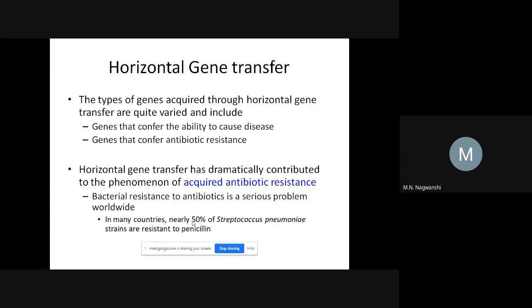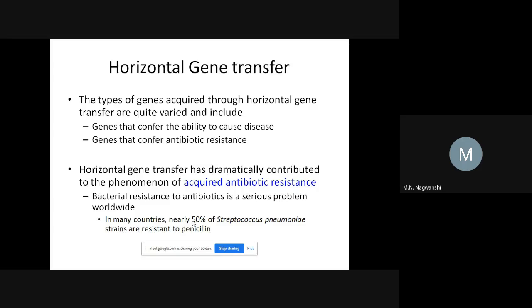So to avoid this, the bacterial gene should have some antibiotic resistance. So the horizontal transfer has dramatically contributed in the phenomenon of acquired antibiotic resistance.